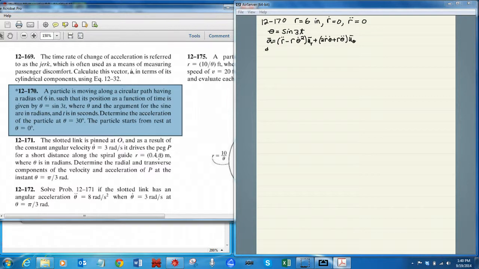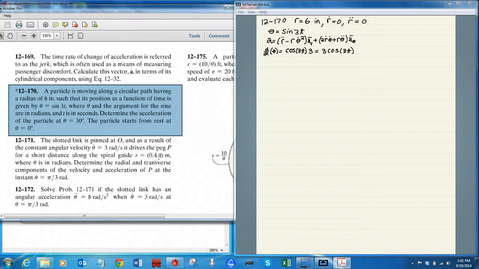So d dt of theta is equal to, and I'll just take a derivative. The derivative of the sine is cosine, times the derivative of what is inside the argument, so times 3. So that'll be the derivative of theta. To simplify just a little bit, this would be equal to 3 cosine 3t.